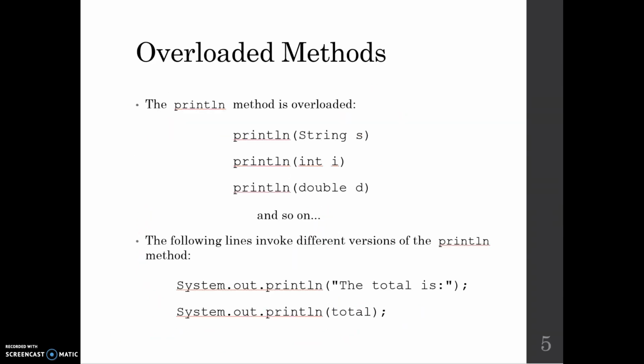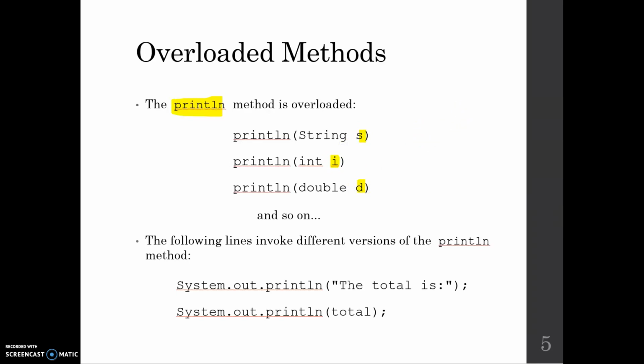An example of an overloaded method that we have used quite a bit is the println method. If you think about it, when we've used the println method, we have used it for printing strings, integers, doubles. We've printed all kinds of things, but we haven't had to call it differently. So essentially there are multiple ways that we can call the println method, and depending upon what parameter the user passes in will determine which version of the println method is called.